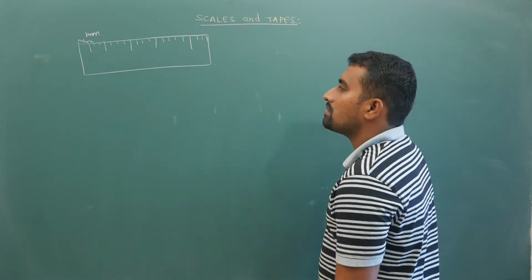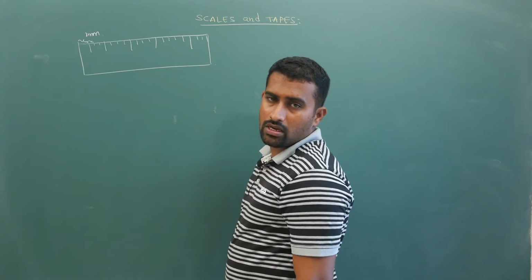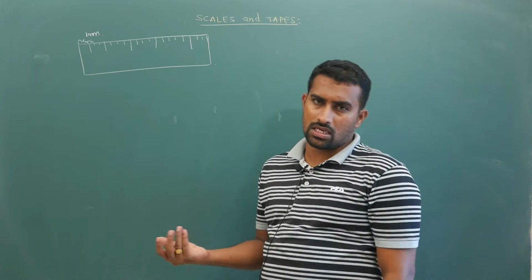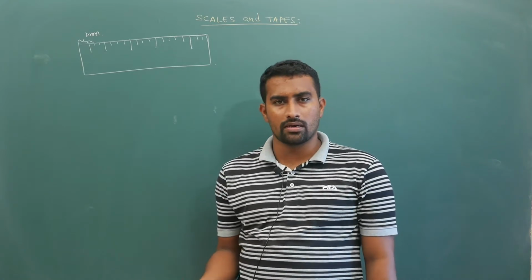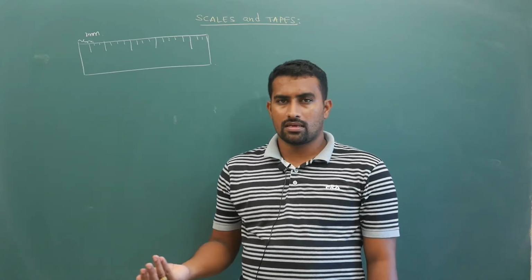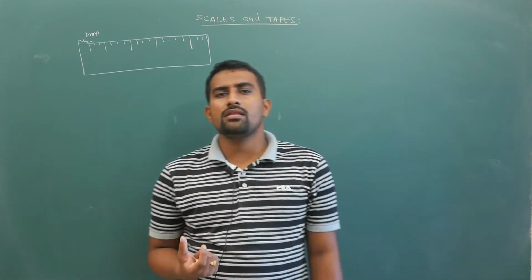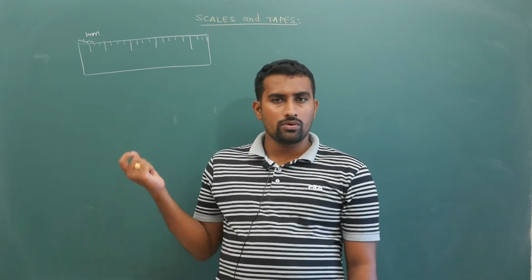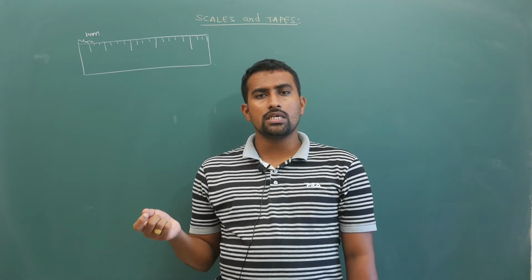Now two possibilities are there: the object that you are measuring will expand, and the scale is also going to expand. So both possibilities are there. You have to read the language of the question very carefully, because if you do anything wrong at one point, your entire question goes wrong.